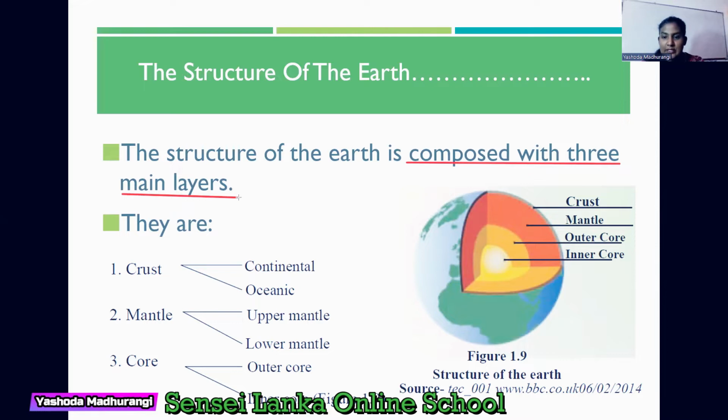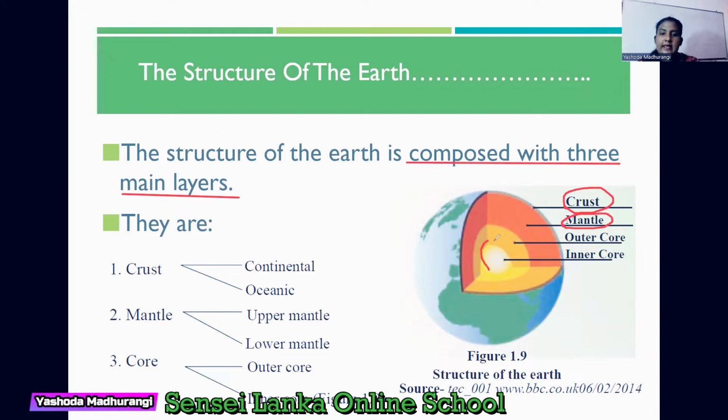Then look at the picture, figure 1.9. There you can see where these layers are on our planet Earth. The topmost layer is the crust, the outer part. Then the second part, the mantle.